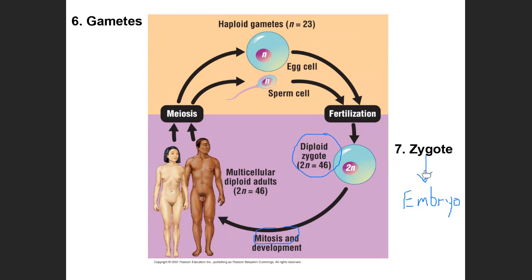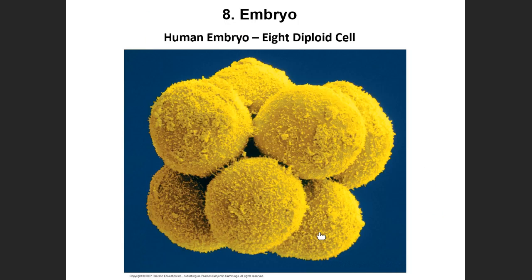Those 2 identical daughter diploid cells will in turn divide into a total of 4 identical daughter cells, which will in turn divide into a total of 8 identical daughter diploid cells. By the time we go from 1 to 2, and especially when we go from 2 to 4, we now have the formation of a multicellular embryo.